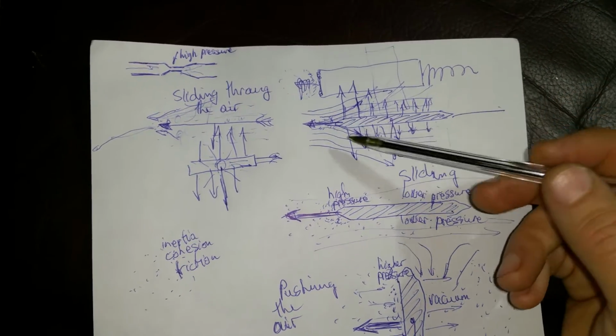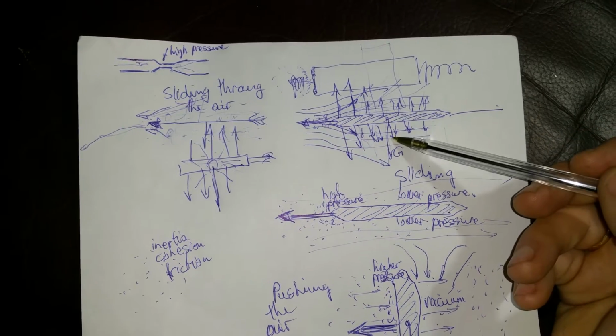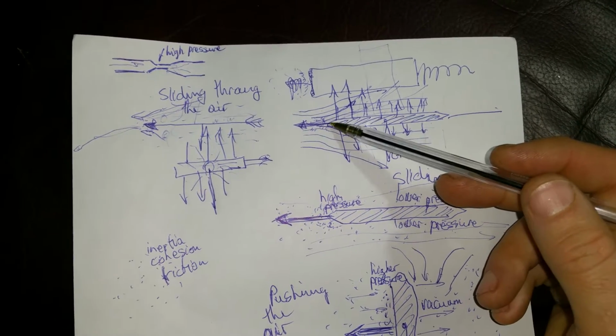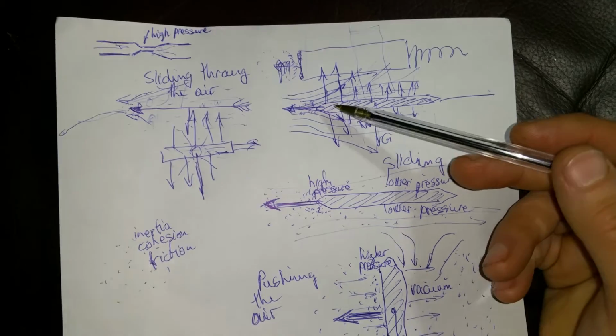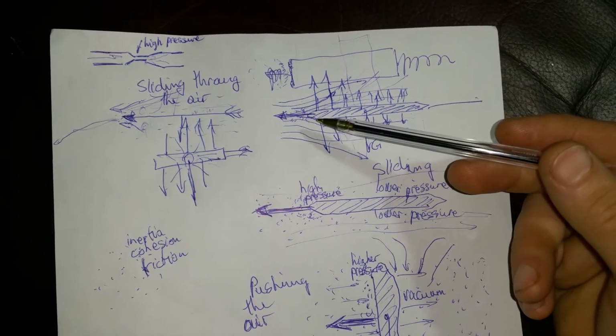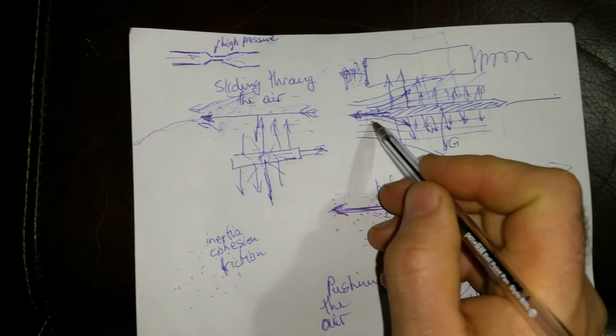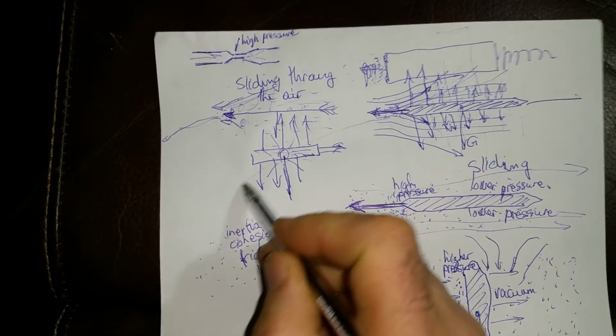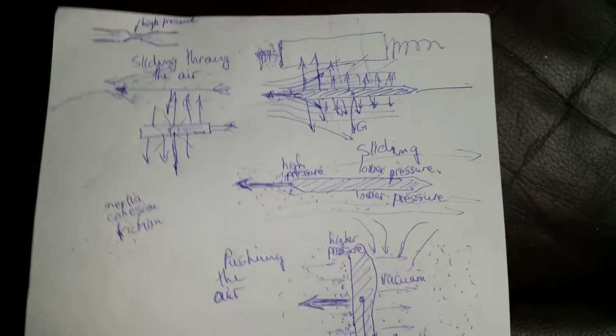So what you have is the remaining force of gravity and the kinetic energy that moves this one forward. So the end trajectory is going to be downwards towards the earth.